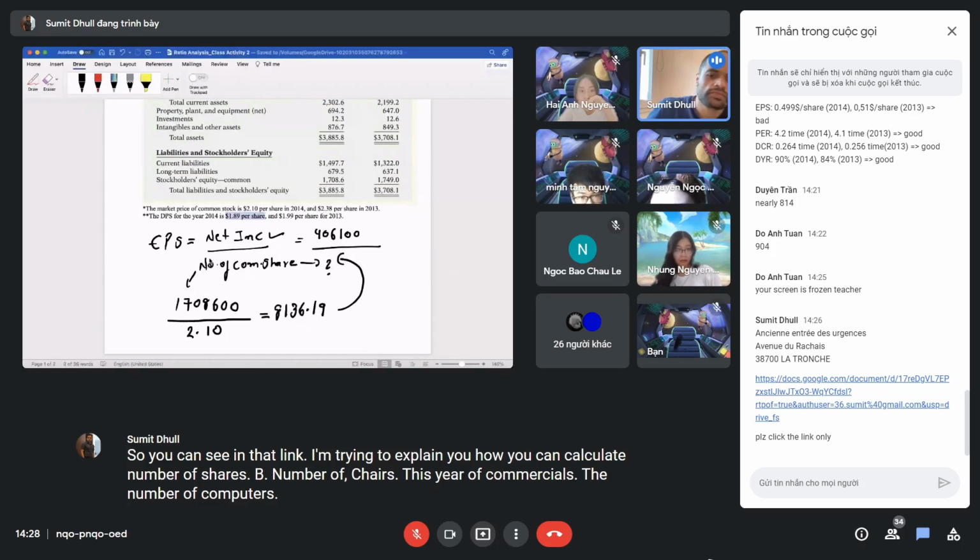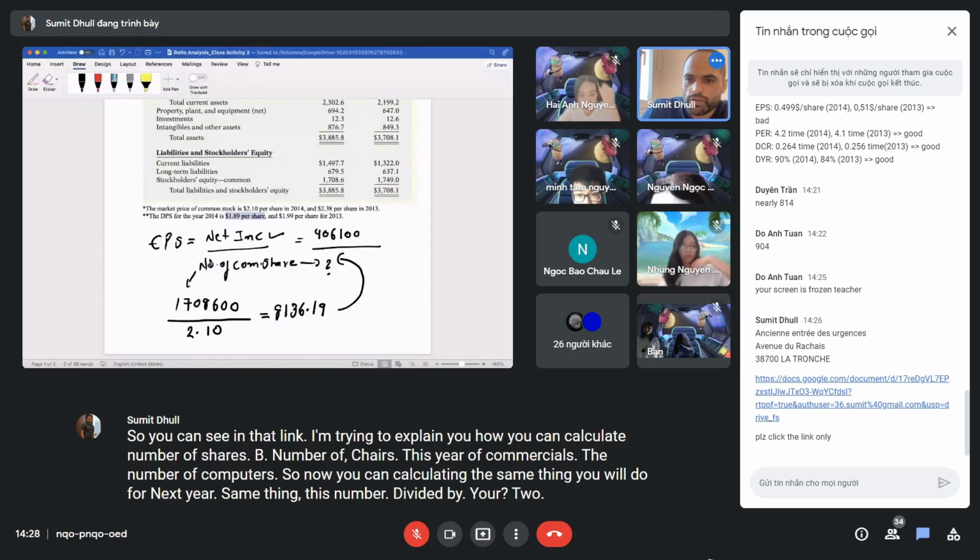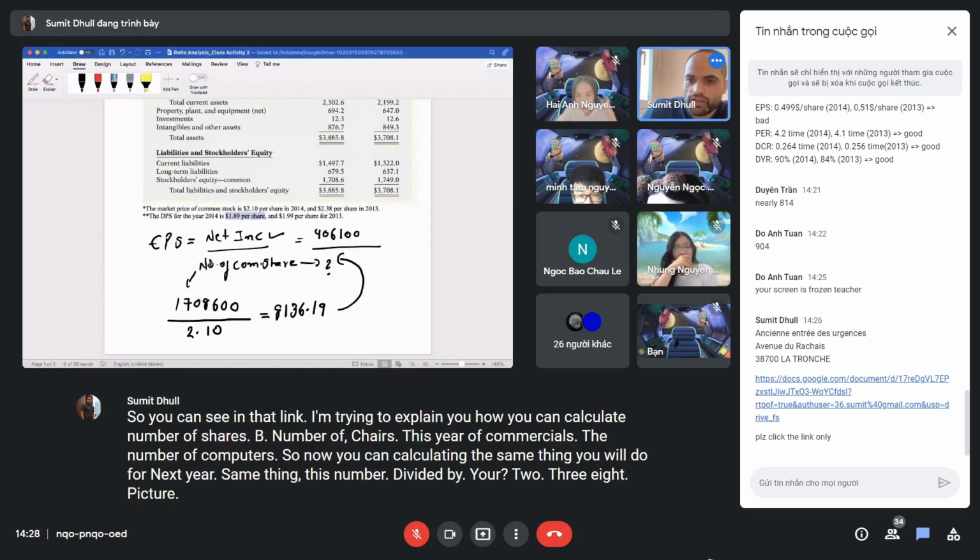So now you can calculate EPS. Same thing you will do for next year. This number divided by your 2.38. That's your number for the next year.